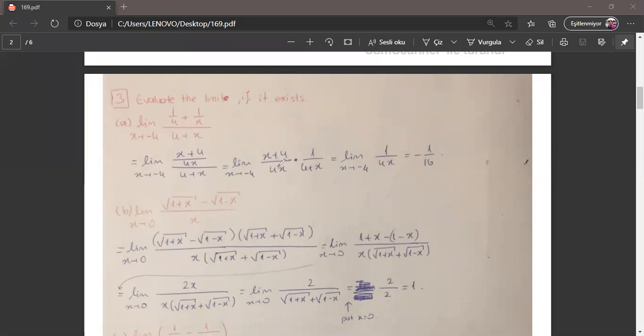Now we have x plus 4 over 4x times 1 over 4 plus x. We can simplify these and we obtain 1 over 4x. We just put x equal to minus 4 and we obtain minus 1 over 16.